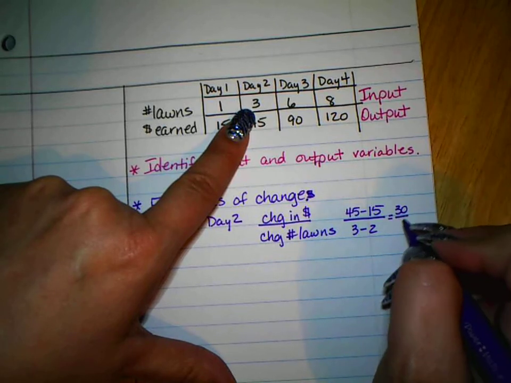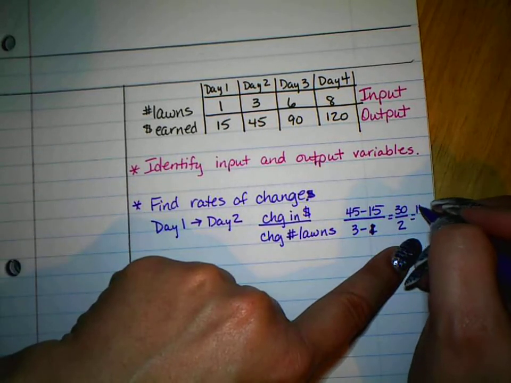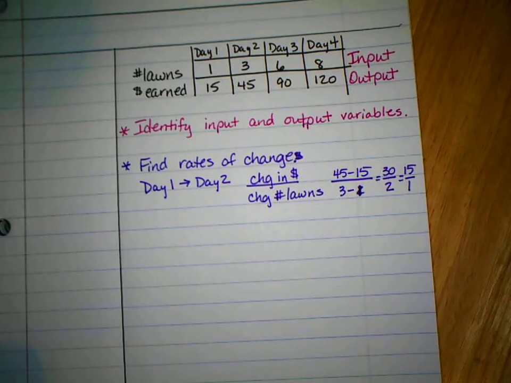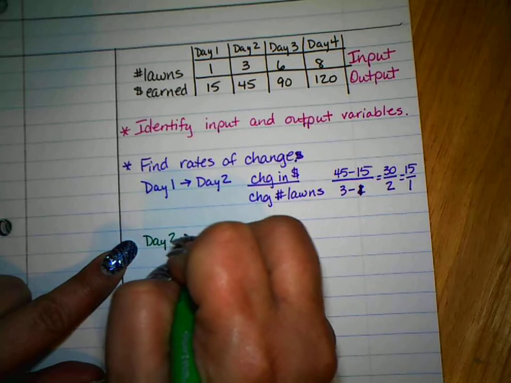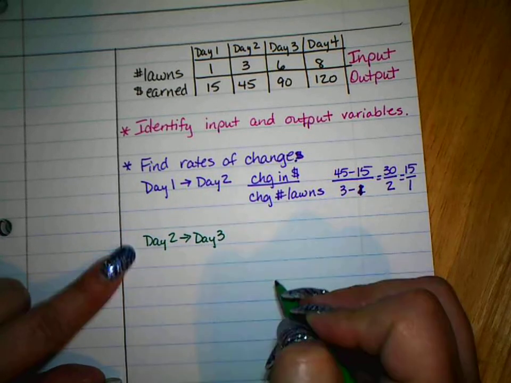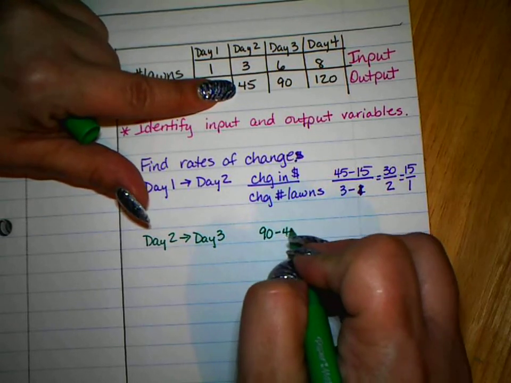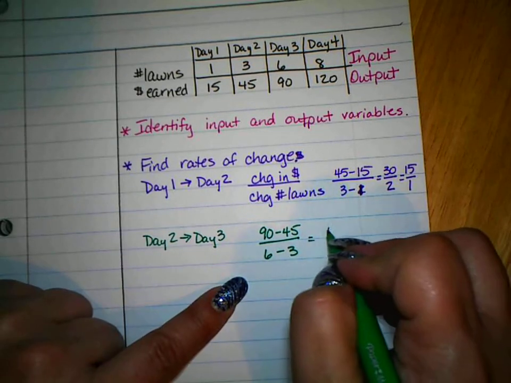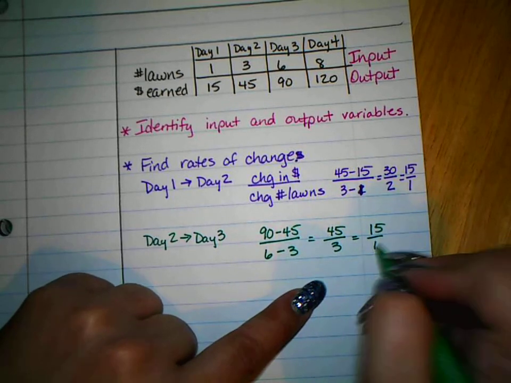This is going to be 30, 3 to 1, not 2. 30 over 2, which is 15 over 1. If I look at day 2 going to day 3, then it's 90 minus 45 over 6 minus 3. That's 45 over 3, or 15 over 1.